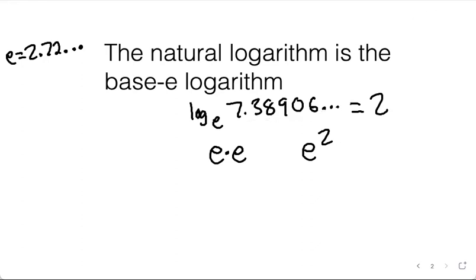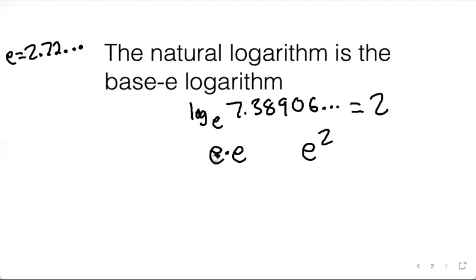We literally just said that. So okay, what power do we have to raise e to get the number? Two, the power of two. So the answer would be two. So yeah, those are the two ways of thinking about logarithms.